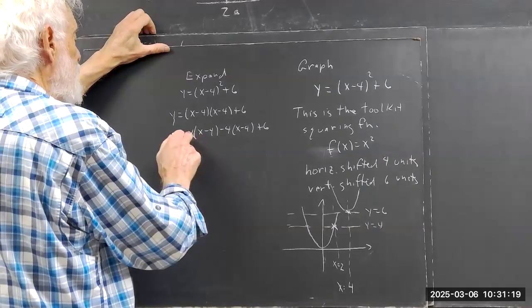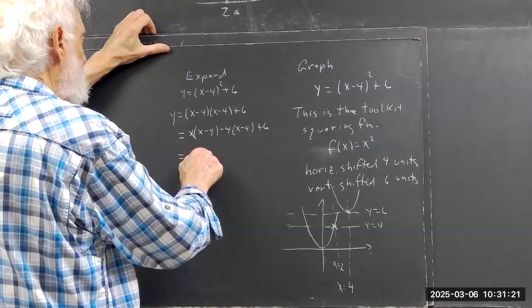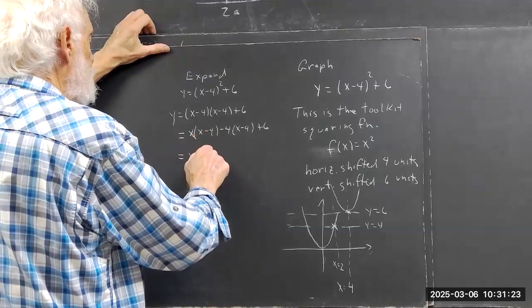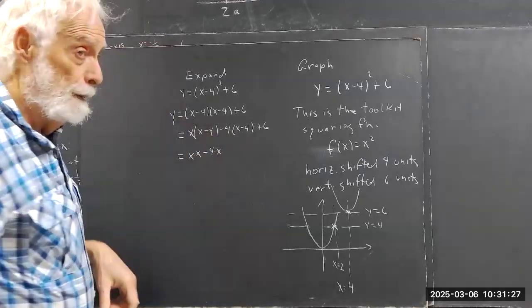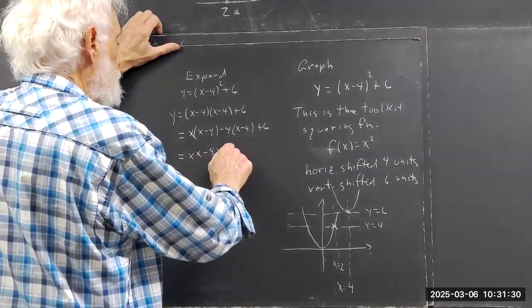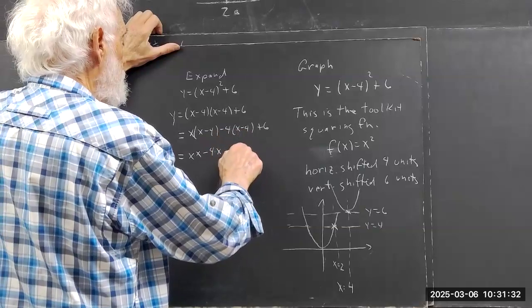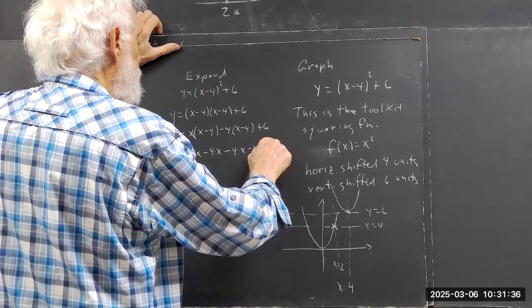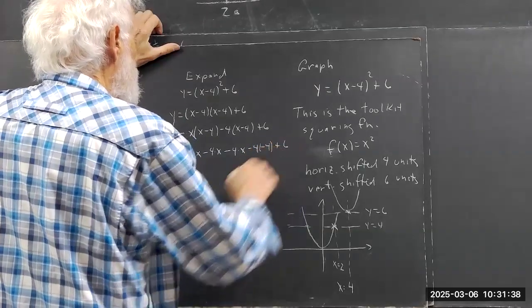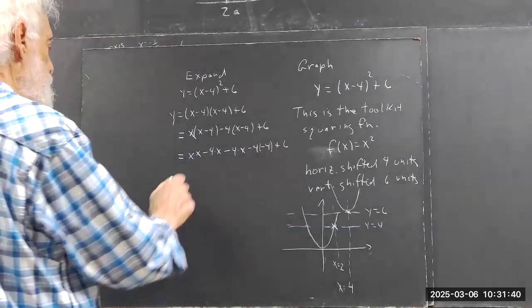And then that equals x times x minus x times 4. And I'll write that as 4 times x. Okay. And then it's minus 4 times x minus 4 times minus 4. And then there's our plus 6.